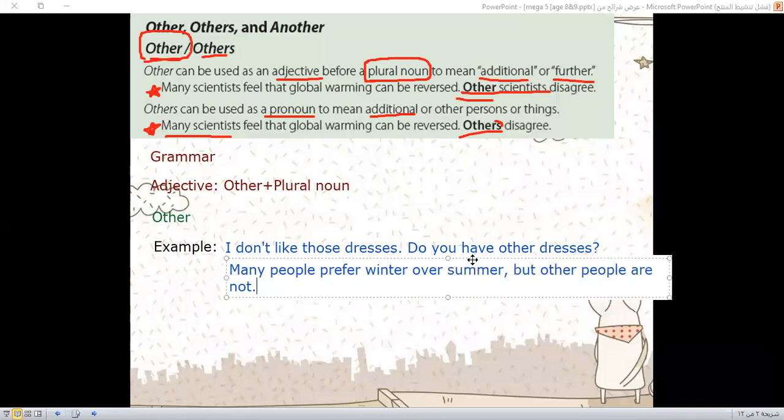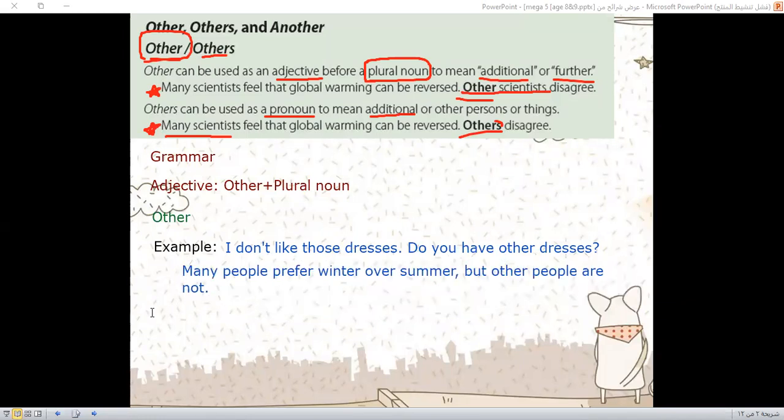Okay. طيب. Now let's write about others. Now I have others as what? As a pronoun, not as an adjective. Teacher, isn't it supposed to be do not, but other people do not? Yes, yes, you're right. I'm sorry. Yes, Dana, thank you. So instead of writing are not, yes, other people do not.